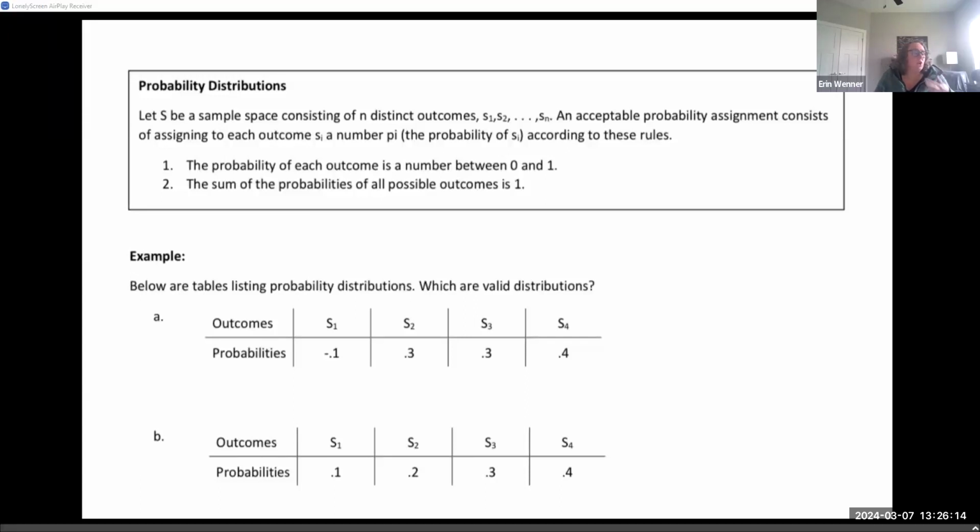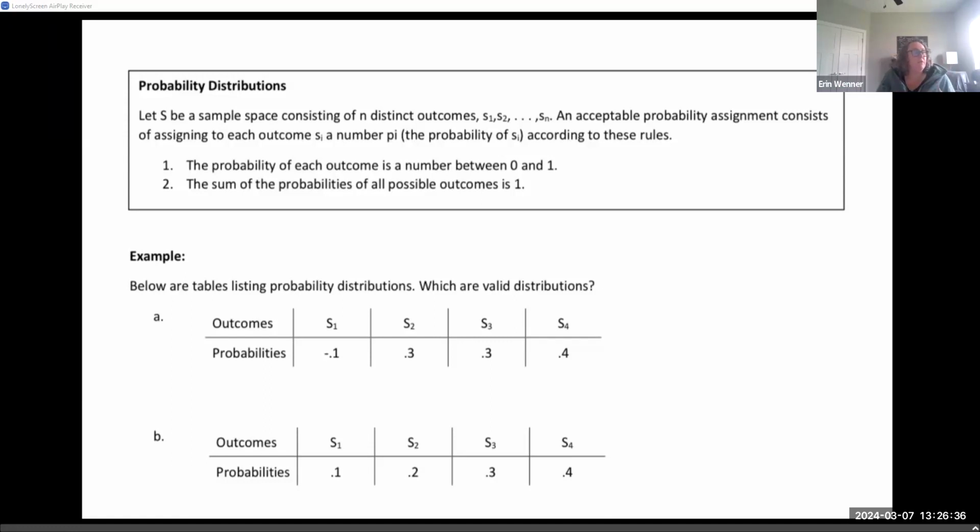I talked briefly about the fact that all the probability outcomes must add to 1. So this is looking at it from what we refer to as a distribution. If we have a sample space that consists of n distinct outcomes, the outcomes are going to be S1, S2, up to Sn.